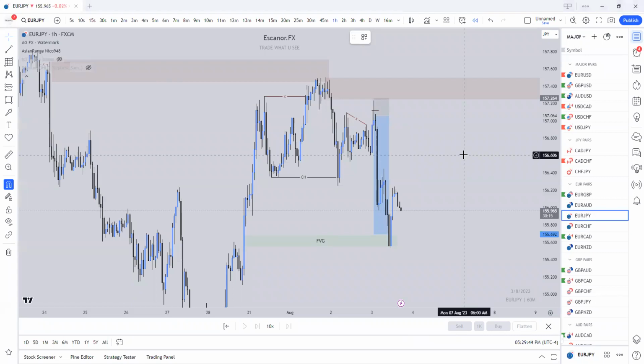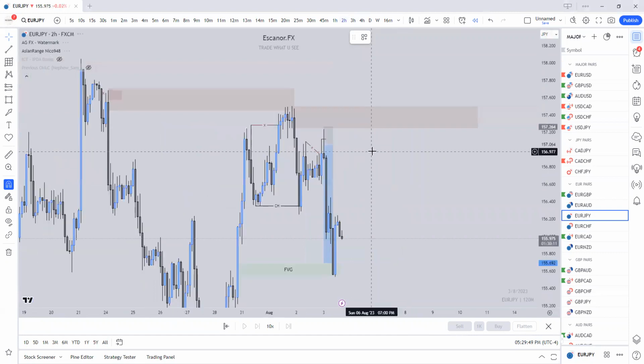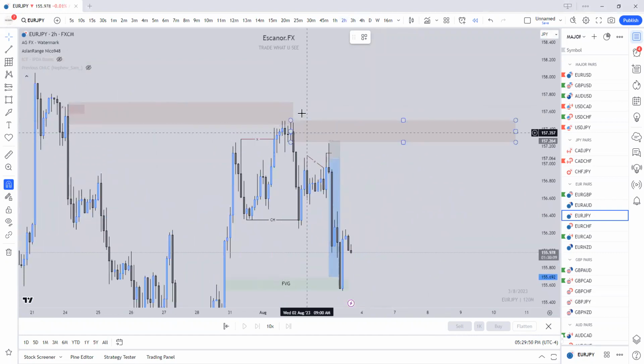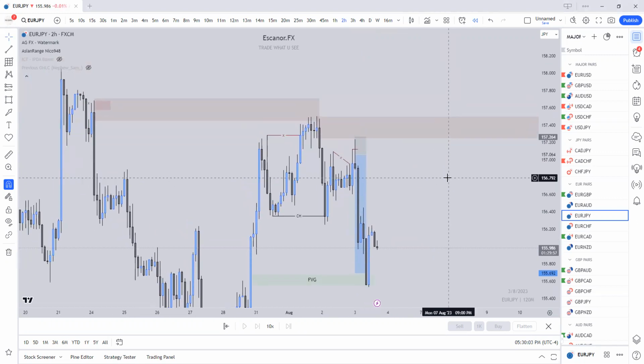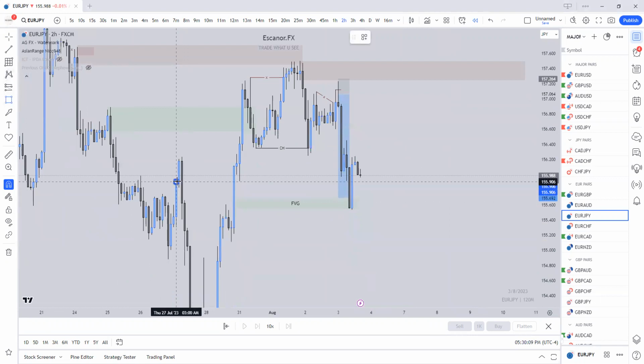This zone is an order block, you can check the 2-hour time frame. But you need to remember price doesn't choose an order block to drop from. We have a lot of order blocks that failed, like this one here, and this one here.